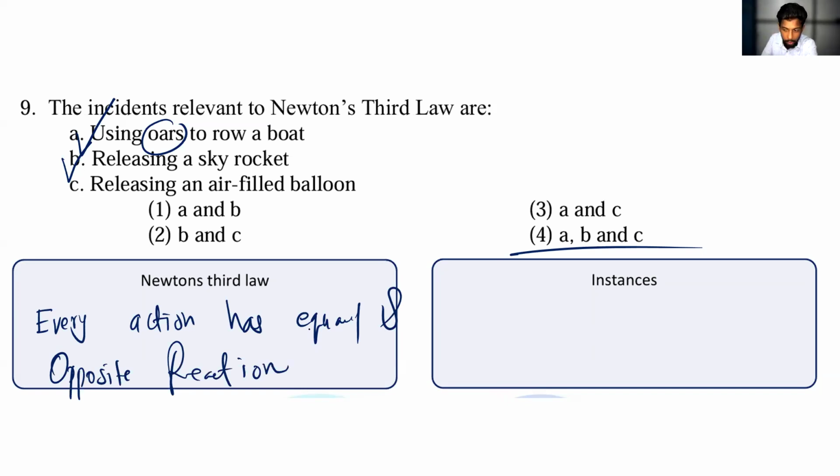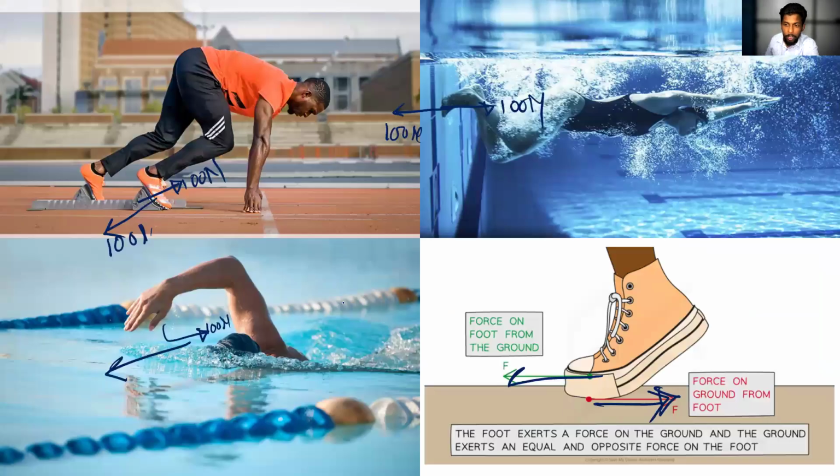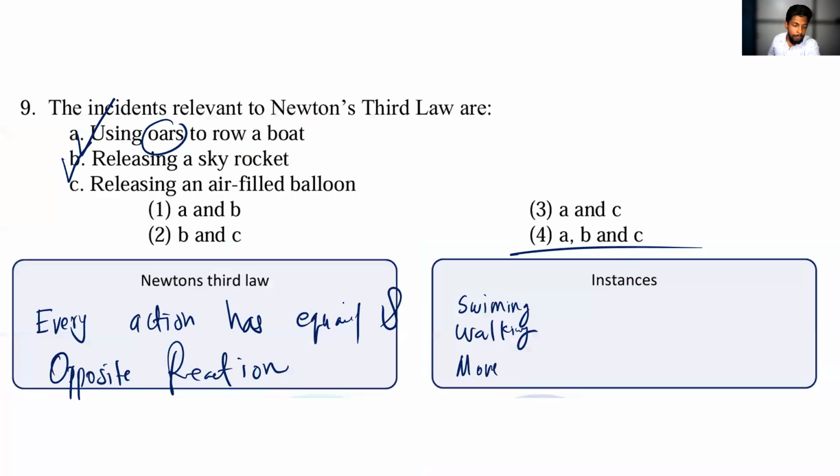You can write the law, and under the instances you can say when swimming, and when you're walking, and the movement of the balloon and movement of the rockets, and in the board you can write all these instances, right? Okay, first of all, write Newton's third law.